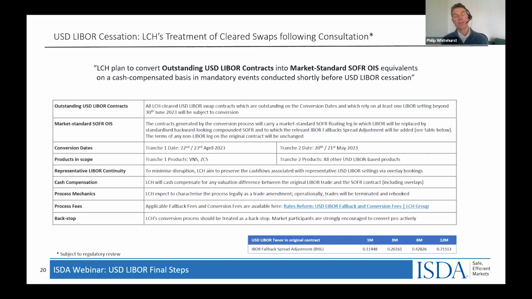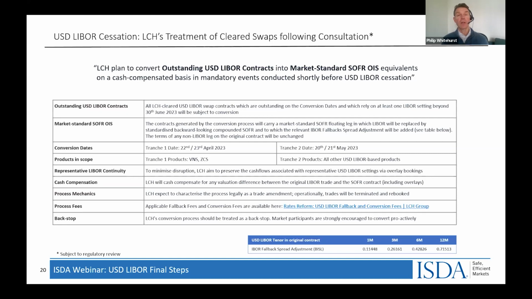And we're introducing a payment lag to deal with the issue that Jonathan raised regarding knowledge of the rate that's applicable for the period, for the arrangements to be able to be made to make the payment. So that's what we mean by market standard SOFR.